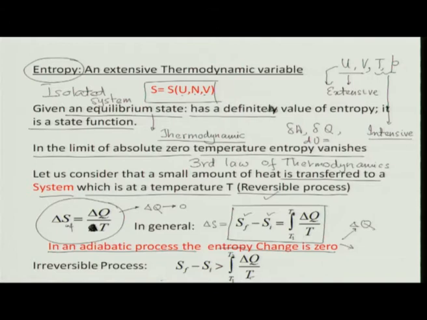Often I will refer to adiabatic processes as isentropic processes. We know isothermal, which keeps temperature fixed, isobaric, isochoric, and adiabatic; from now onwards I will refer to adiabatic as isentropic, because in an adiabatic process the change in entropy is equal to 0.